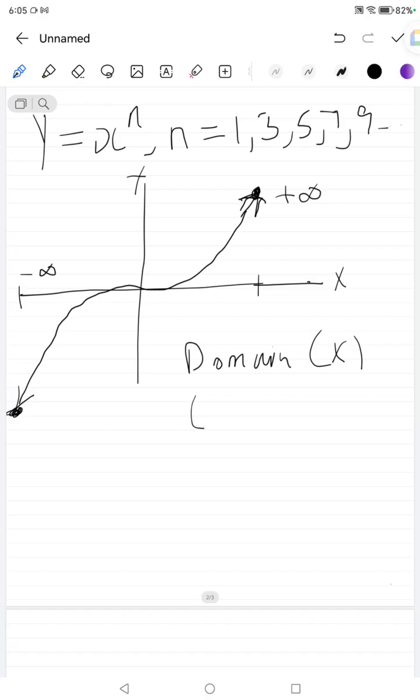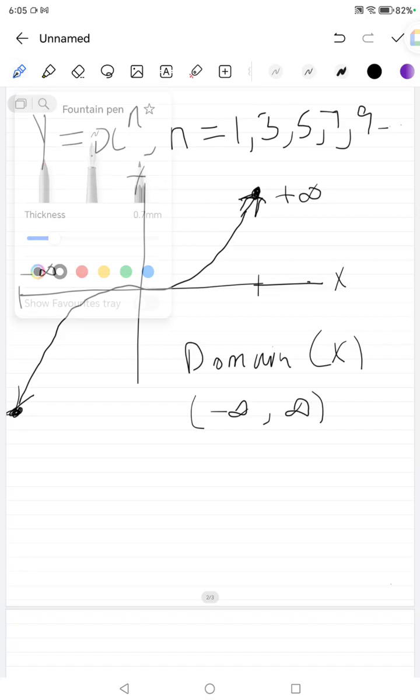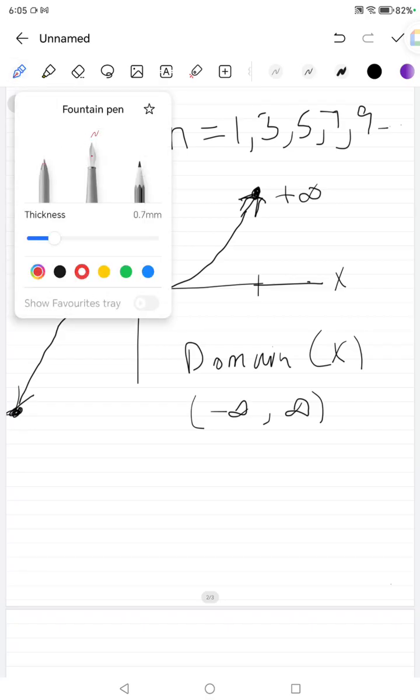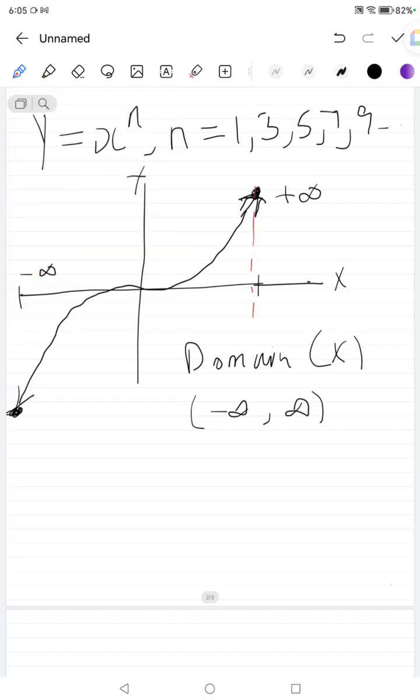So for your x values, we have -infinity, then at the top we have positive infinity. And as I've said before, should it be a case where you're provided your numbers, let's say it was 3 and -3, it will mean your domain would be between -3 and 3. You see, so that's that.